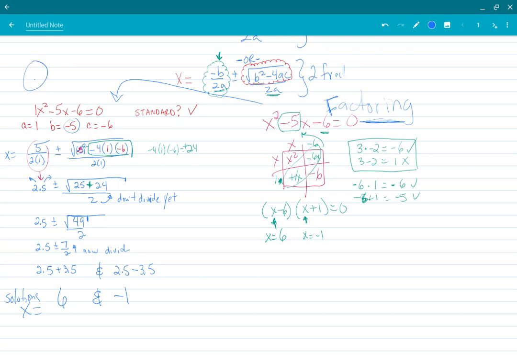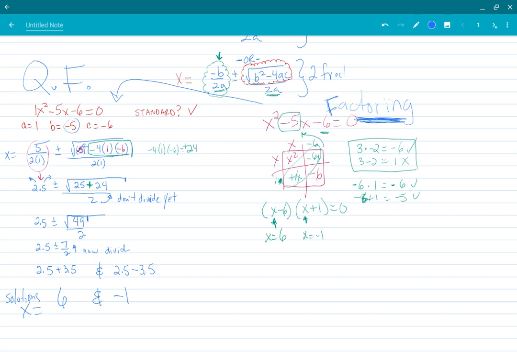The quadratic formula. Does that make sense? So my point is, don't just go to the quadratic formula because it might be overkill. You want to try the easy stuff, right? And if you can get it right away, then go with it.